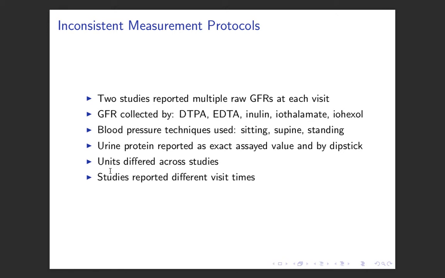Another problem is different ways data are collected. For example, this is a study of kidney function, and one of the kidney variables that's very commonly used is called the GFR, which stands for the glomerular filtration rate, which is the rate at which the kidney filters things out of the blood.